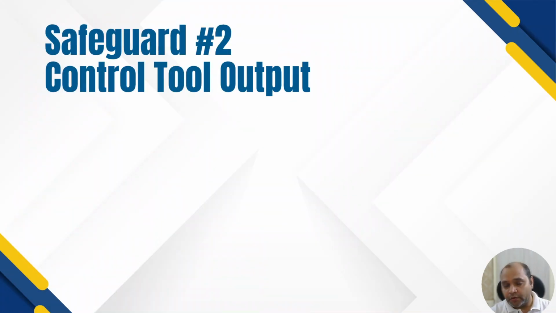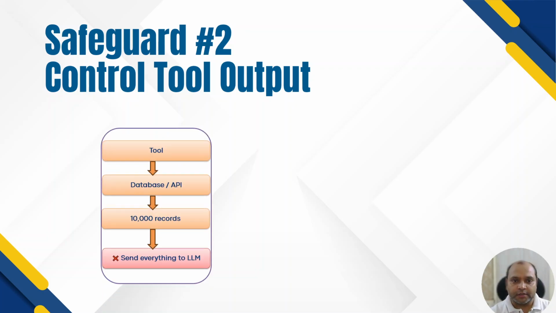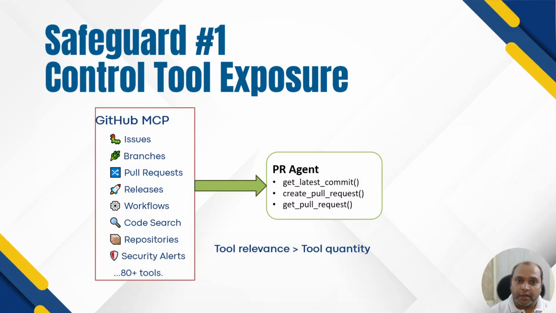Another thing is how you can control output. Let's say you have an MCP server and you're calling a tool that calls a database, or it may call an API, and then your API returns 10,000 or 1 lakh records. Will you send everything to the LLM? That could be another problem. Can you see here?